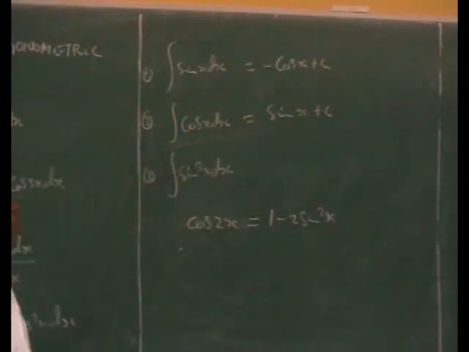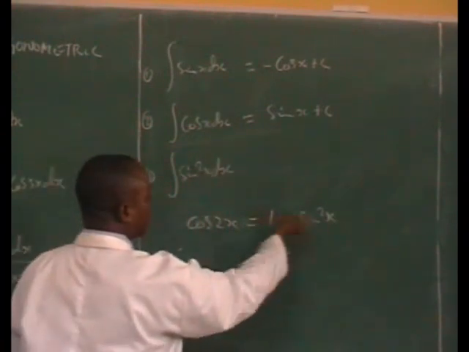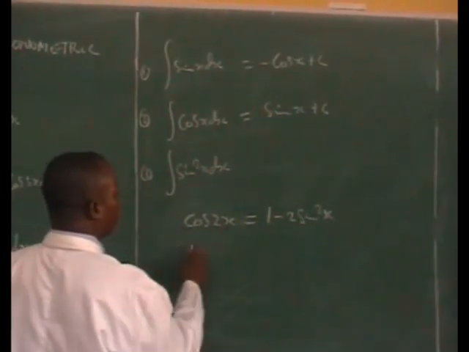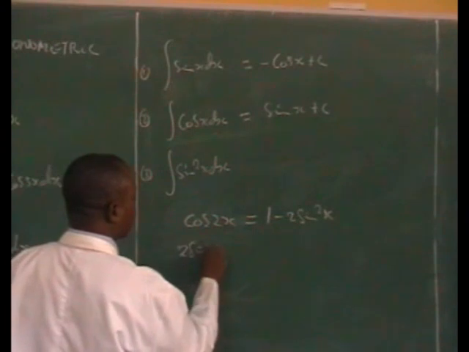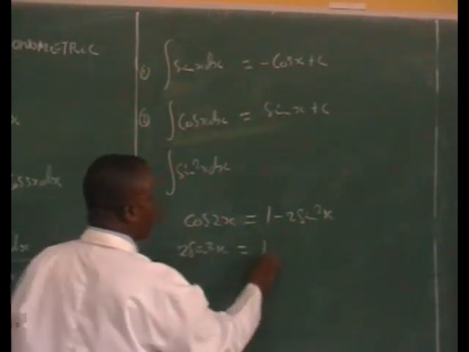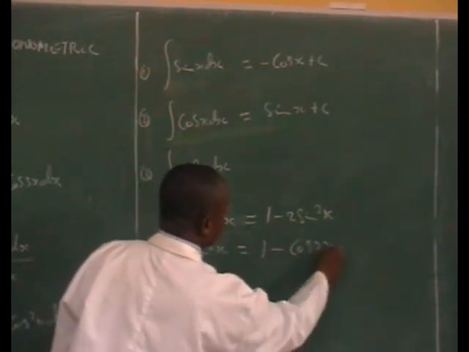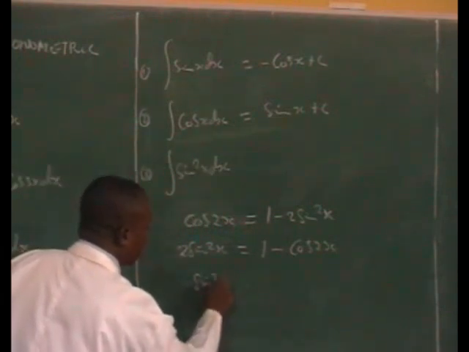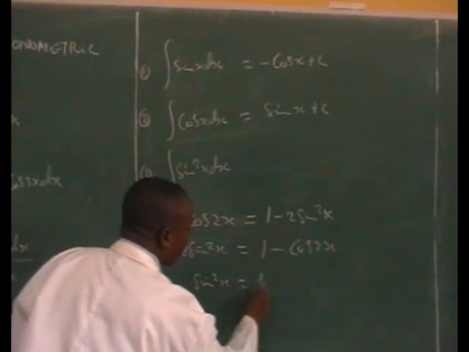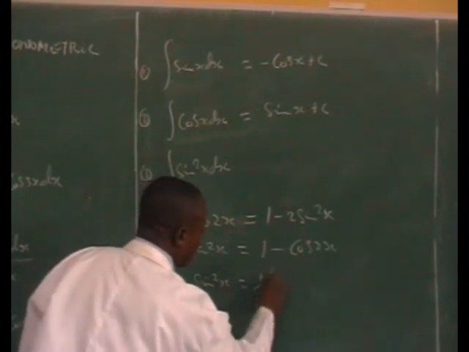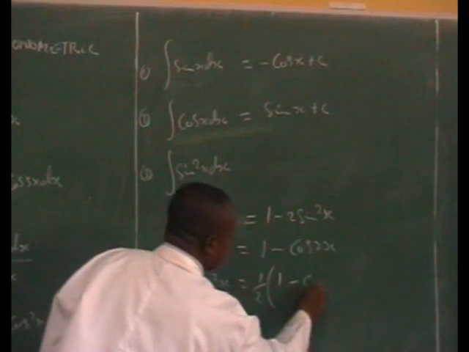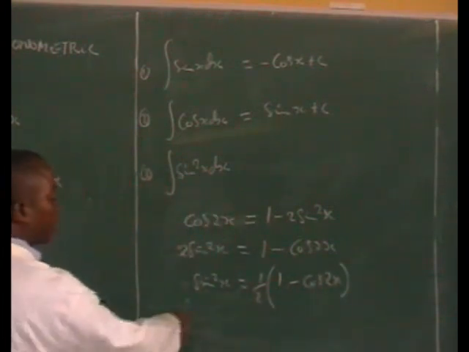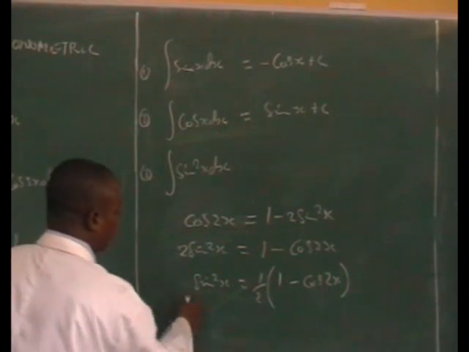Look at that. So if I take this back related to this side, I will have that 2 sine square x is equal to 1 minus cos 2x. So that sine square x will be equal to 1 all over 2, 1 minus cos 2x. So I can now integrate this.